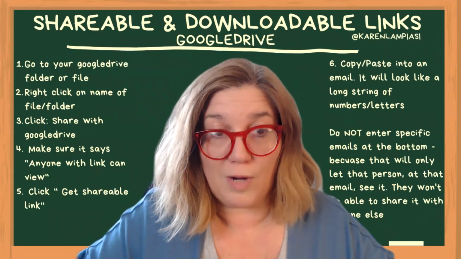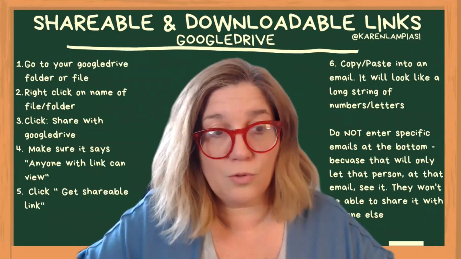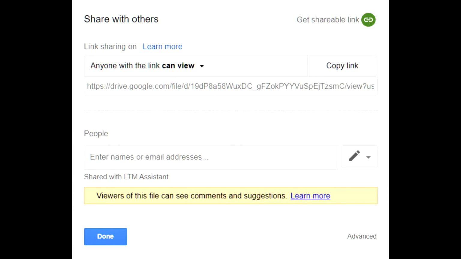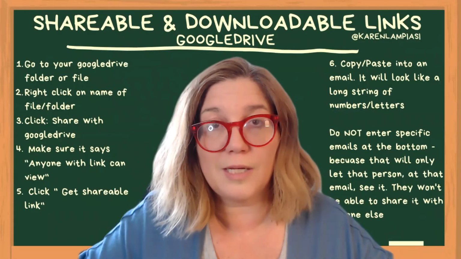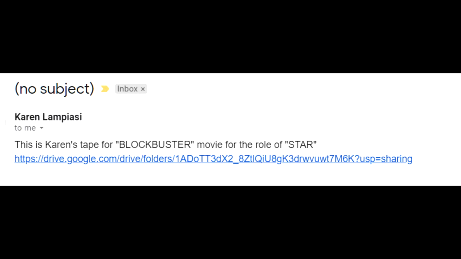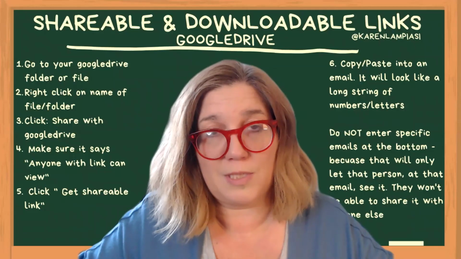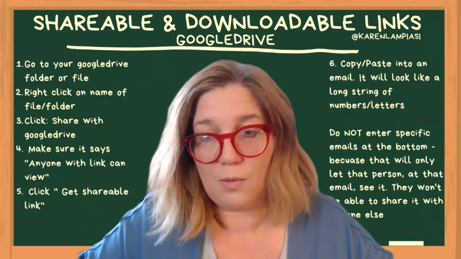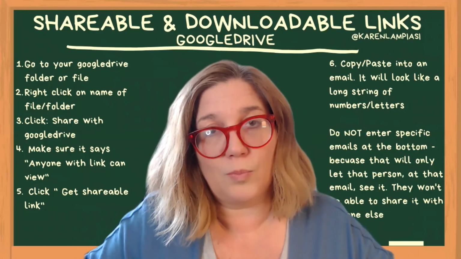You right click on the name, you click Share with Google Drive. Make sure it says anyone with the link can view. You click Get a Shareable Link. You copy and paste it into the body of an email. It will look like a long string of numbers attached after a website looking address. But do not enter specific emails down at the bottom. Don't share it that way because they will not be able to open it or share it further.